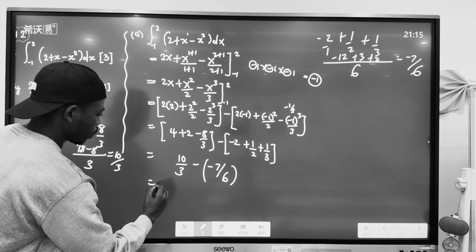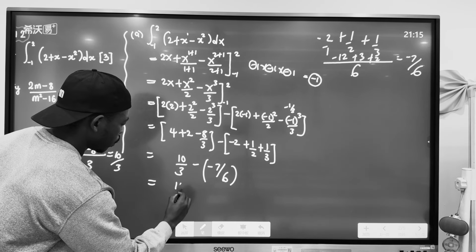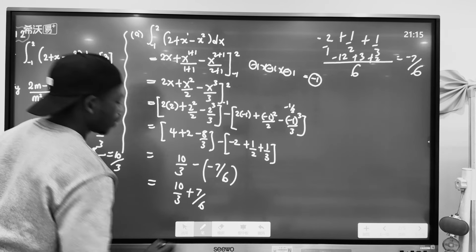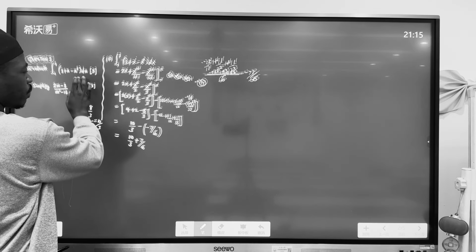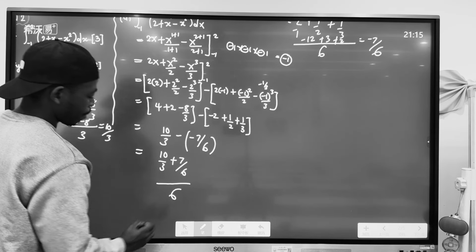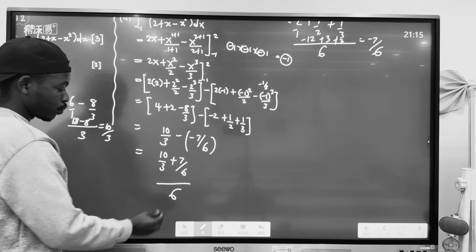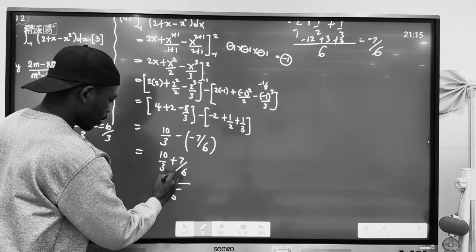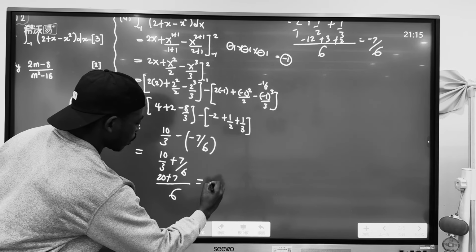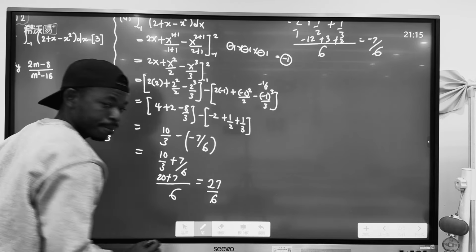You can see that this will just turn out to be 10 over 3, negative times negative, positive 7 over 6. Then let's simplify this. The common denominator here is what? 6. 3 into 6 is 2, 2 times 10, 20, plus 6 into 6, 1 times 7, 27 over 6.